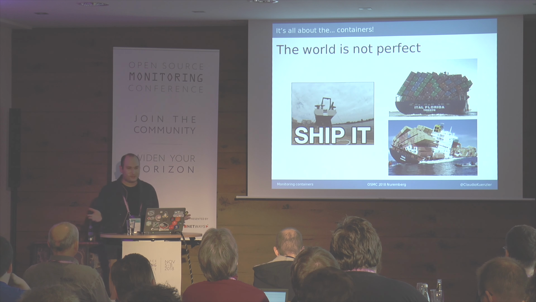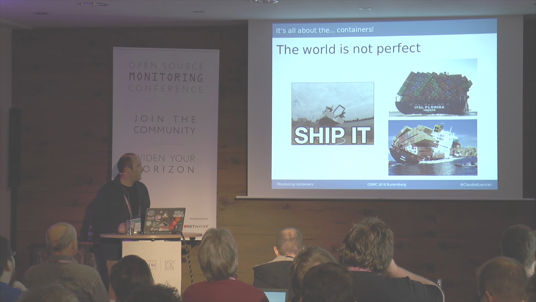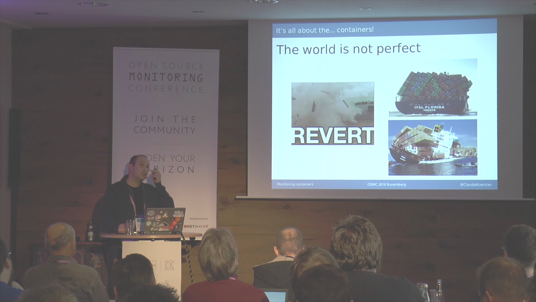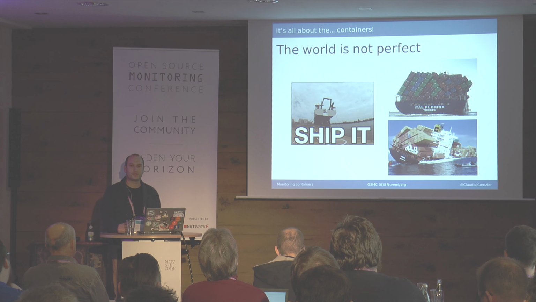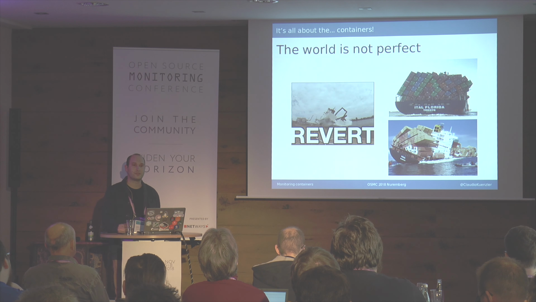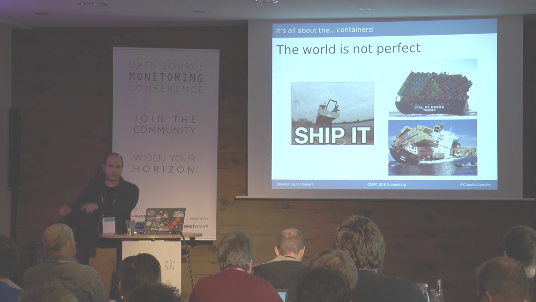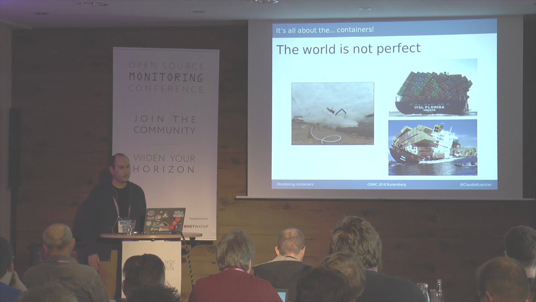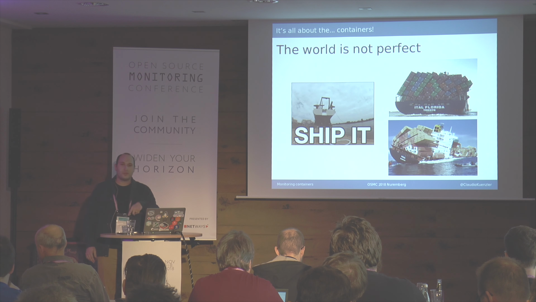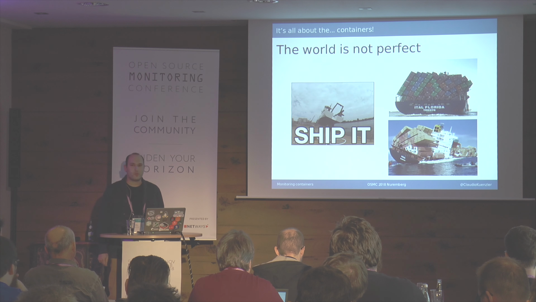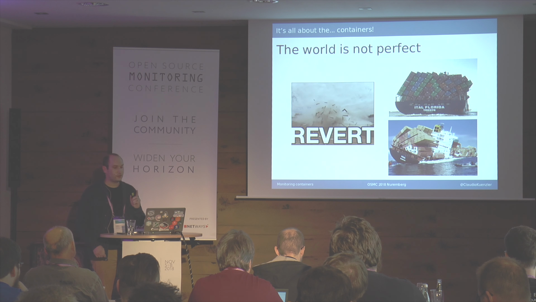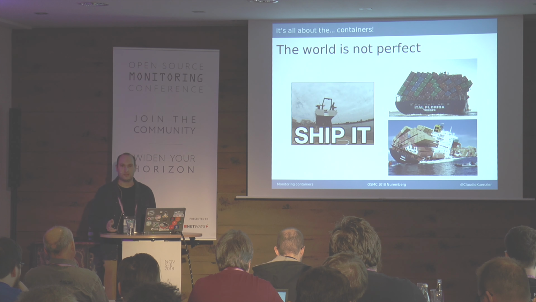Like it's the most normal thing in the world. And actually, according to statistics, 1,400 containers fall overboard each year. So just imagine 1,400 containers on the ground of the ocean every year. So in our world, our containers don't fall overboard, but they can crash, they can freeze, so we need to monitor them.